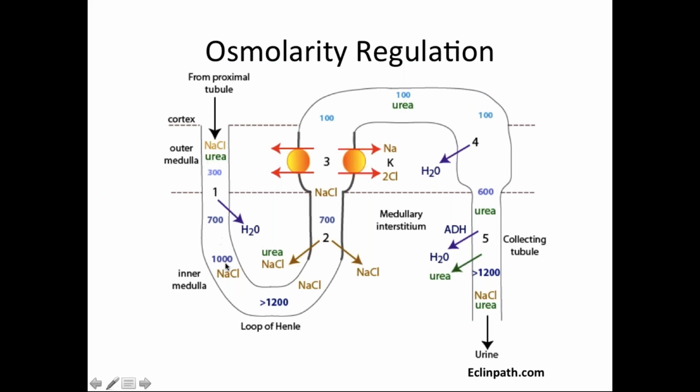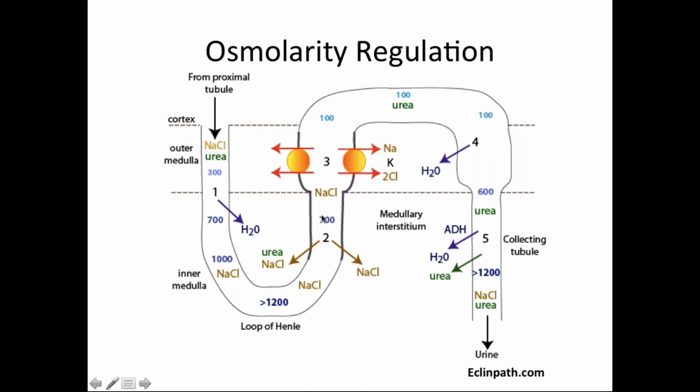And then there is the countercurrent that happens in the loop of Henle, and that is dictated predominantly by the sodium potassium 2 chloride channels, which reabsorb sodium and potassium in the thick ascending limb, and this thick ascending limb is actually impermeable to water. So the countercurrent will then concentrate the osmolarity to a maximum of 1200 at the tip of the loop of Henle.